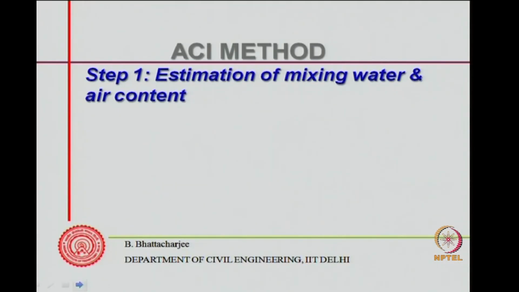Now, although I am writing this as step 1, if you look at the ACI 211 report, step 1 is stated to be the determination of slump, and step 2 is the determination of maximum size of aggregate.